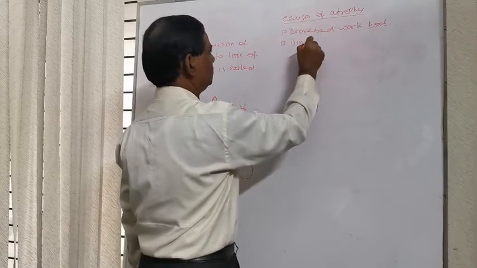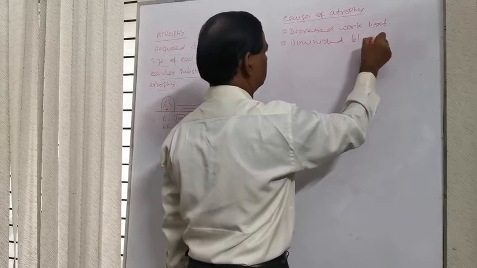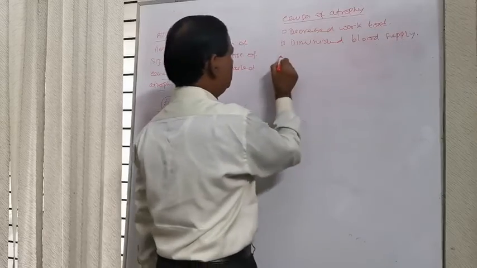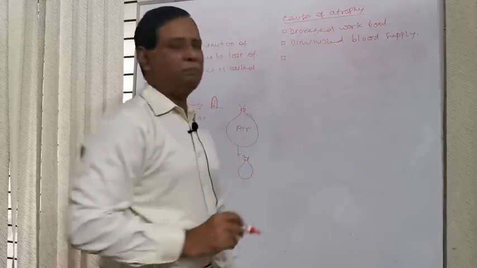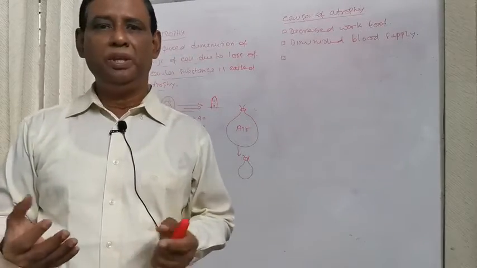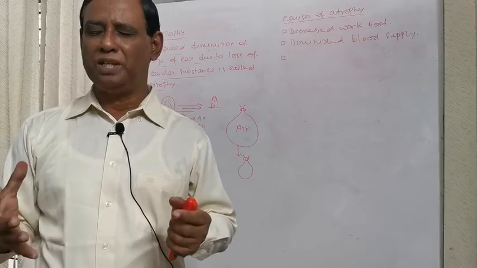Diminished blood supply. If blood supply of an organ is diminished, the cells of that organ undergo atrophy and the organ size is reduced.